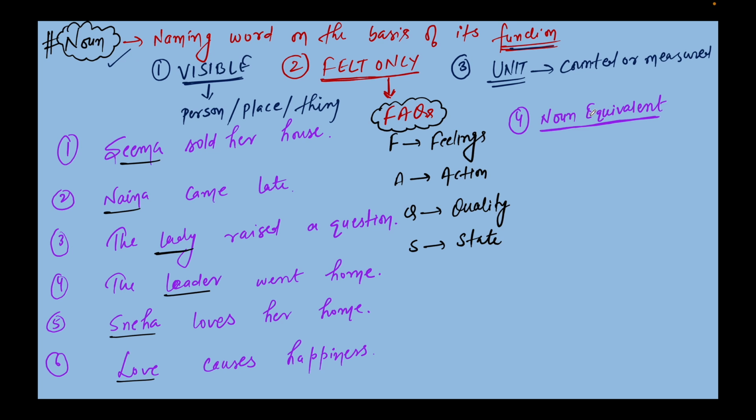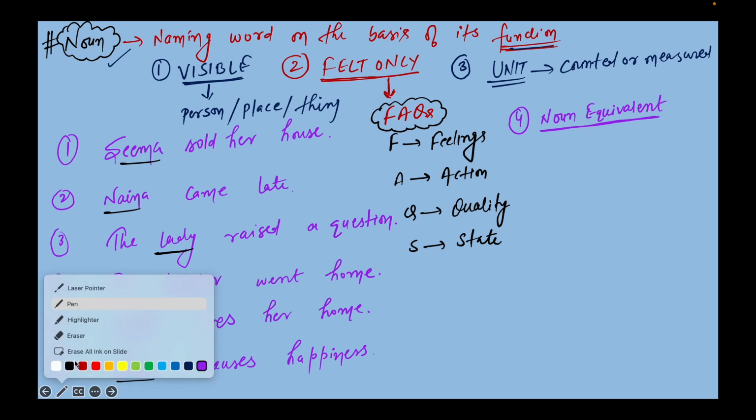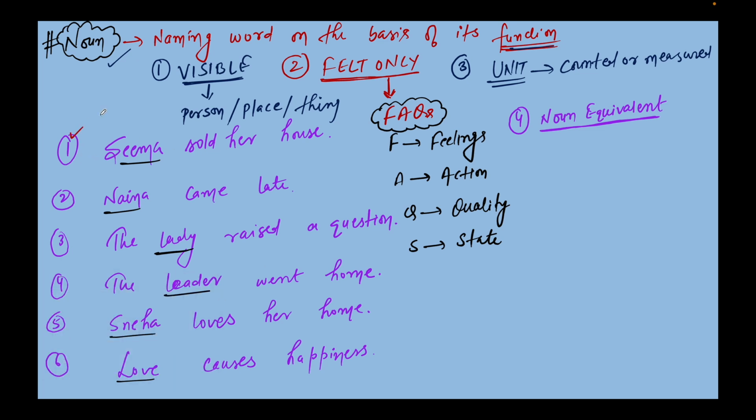That is known as noun equivalent. I will make you understand all of these by taking examples, as I have written so many examples here. One by one, you will get to know the meaning of visible, felt only, unit, and noun equivalent. Is it clear? Yeah. So let's come to the examples.